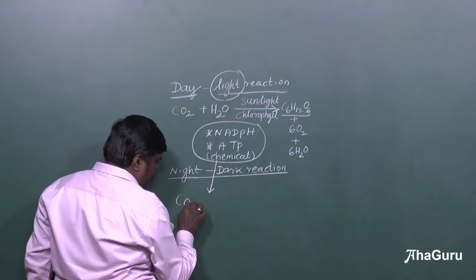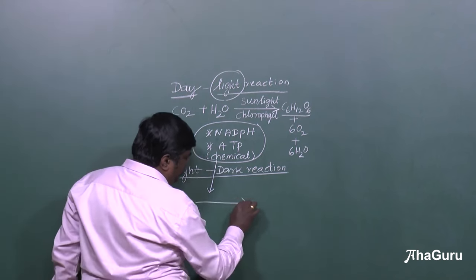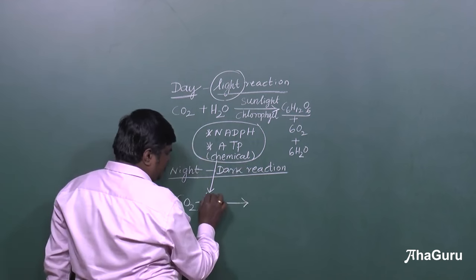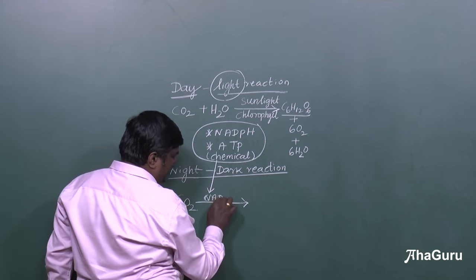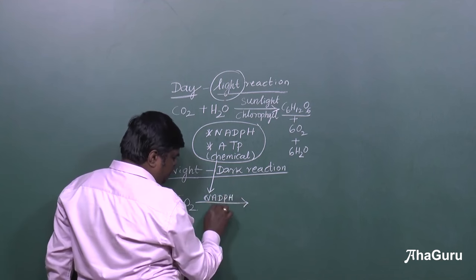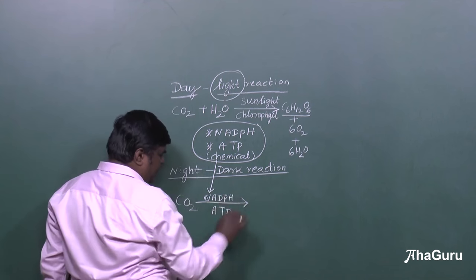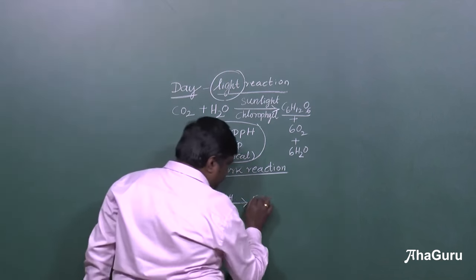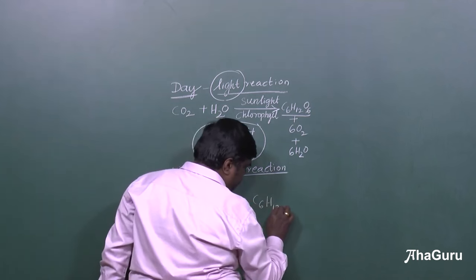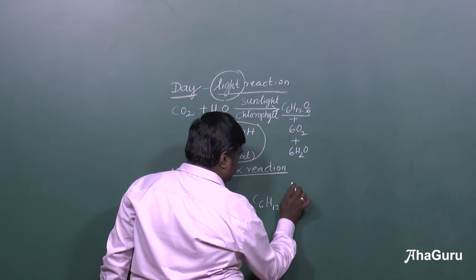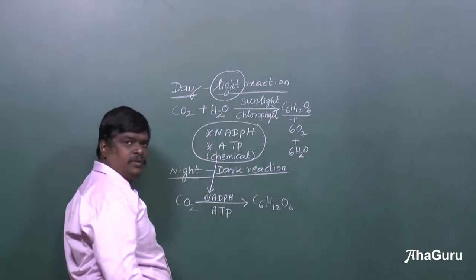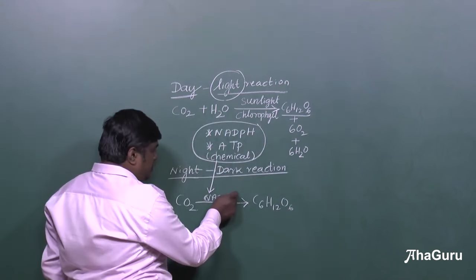Here also, with the help of the chemical energy, that is the NADPH molecule as well as the ATP molecule produced during the light reaction, the carbon dioxide is reduced to carbohydrate. You can see it here.